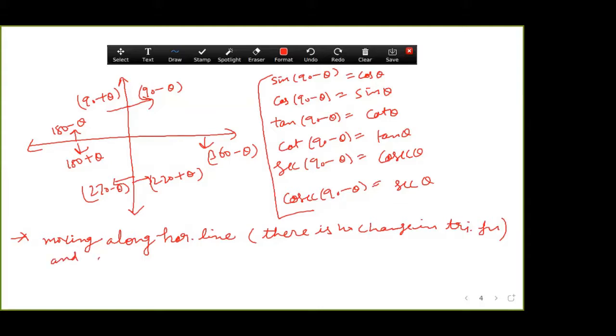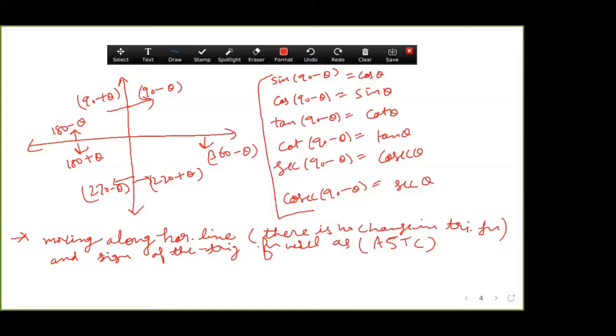And the sign of the trigonometric function will be according to after school to college, as I told you.